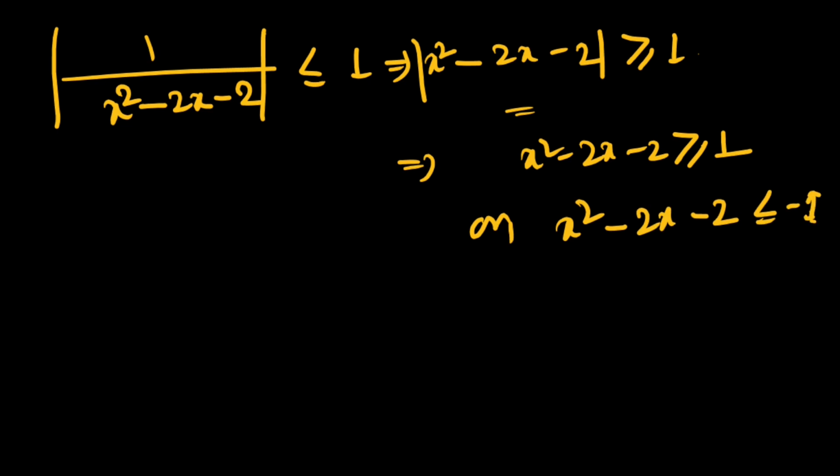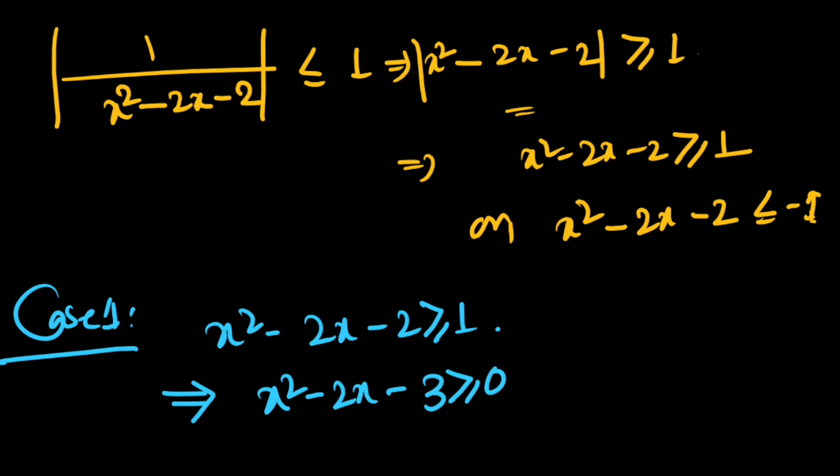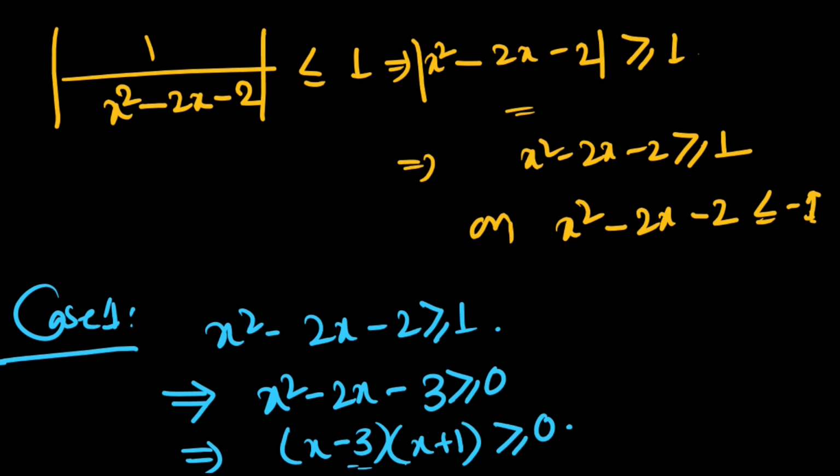So the first case is we take x square minus 2x minus 2 greater than or equal to 1. This implies x square minus 2x minus 3 is greater than or equal to 0. If we split the middle term, we get x minus 3 times x plus 1 is greater than or equal to 0. Therefore these two factors' product is greater than or equal to 0. So what is the value of x now?